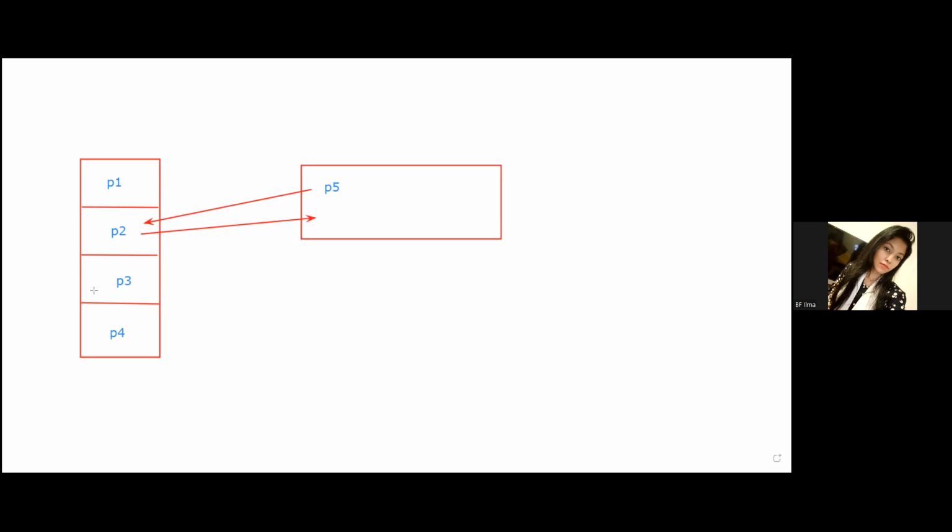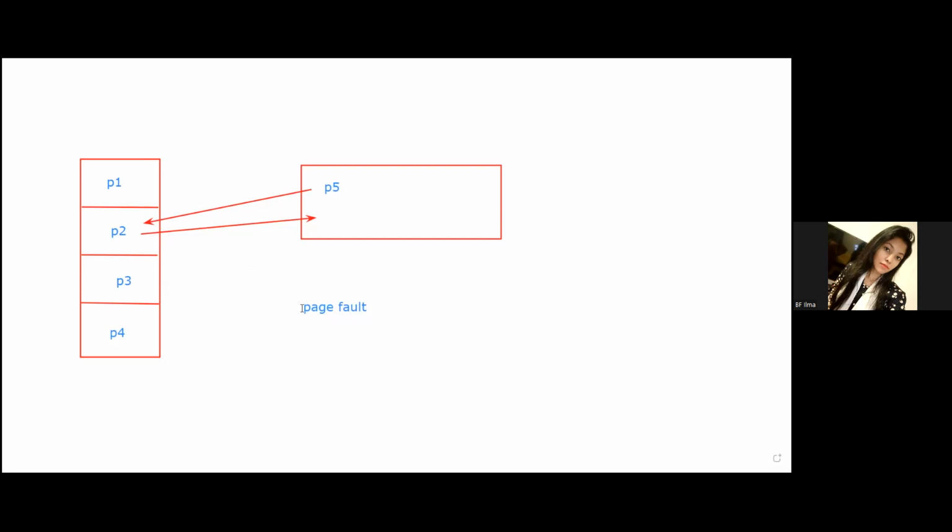Demand paging is the process where these pages are swapped in only when the process needs them, so on demand. When a process requests a page which is currently not available in memory, it is called a page fault. In this case, P5 was not available and the process requested it, so we had to bring it from the disk.